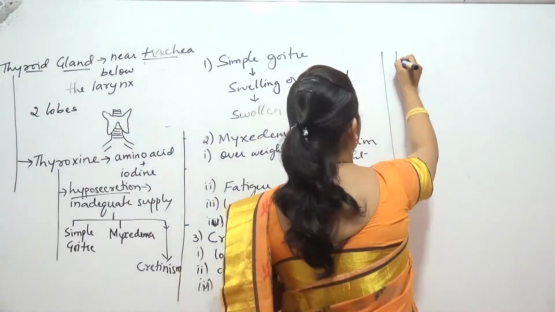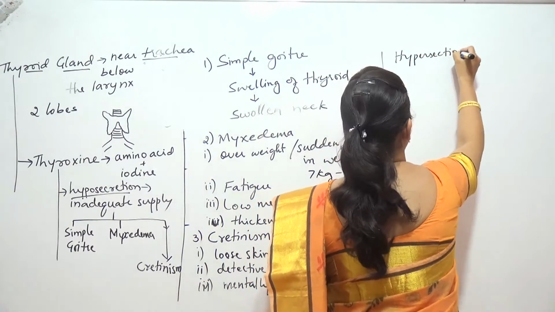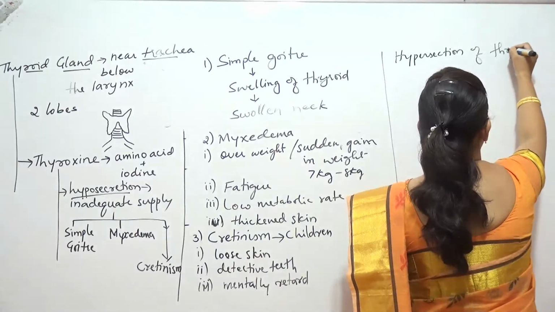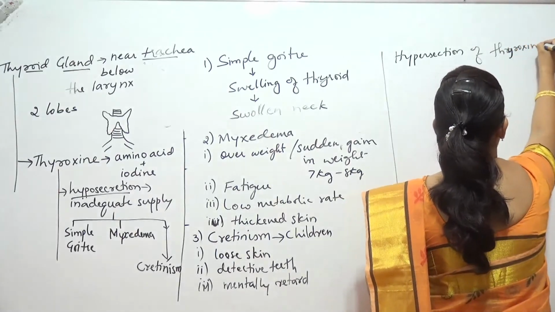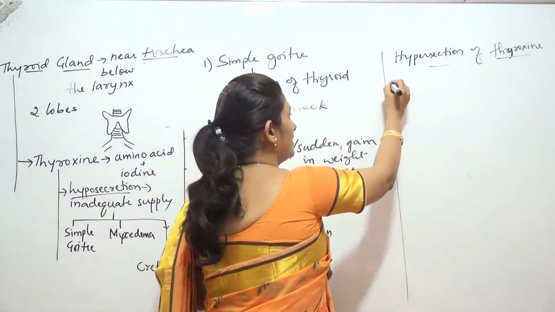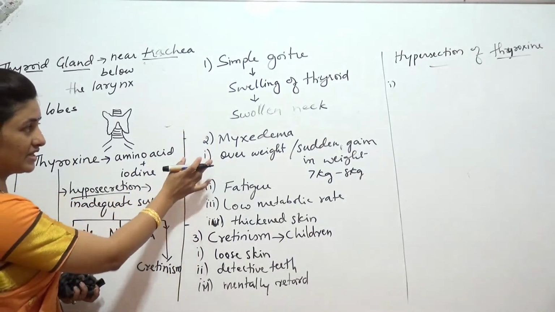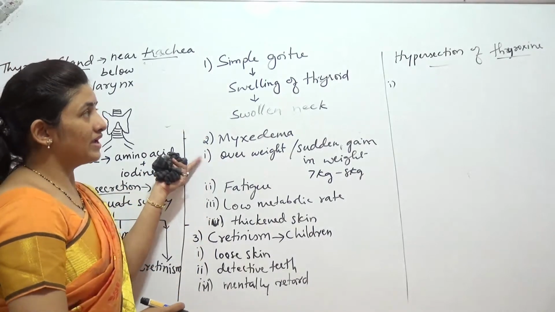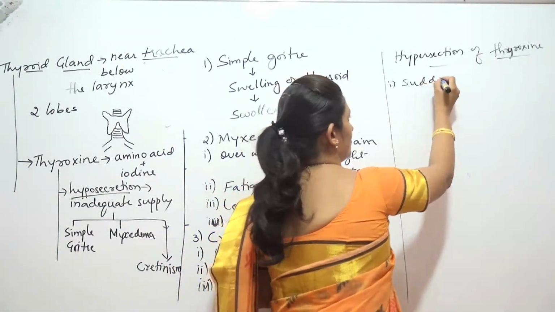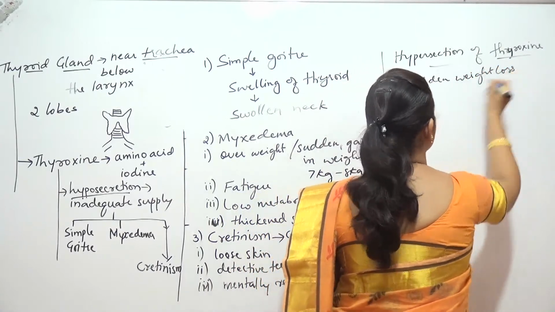Next we come across the hypersecretion of thyroxine. What is the condition seen in the person? Here it is just the opposite of the hyposecretion, that is myxedema, wherein sudden weight loss is seen.